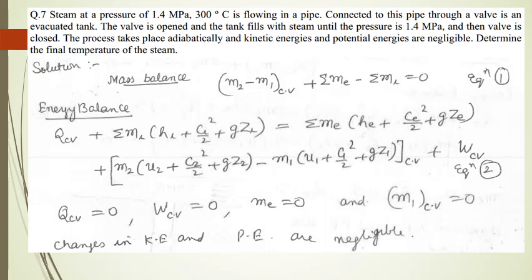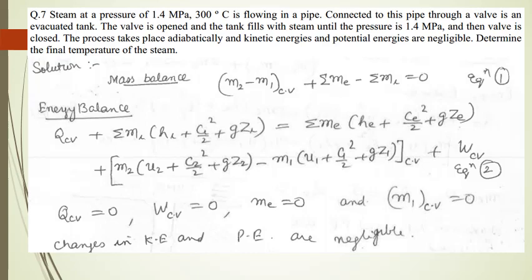So basically this question pertains to uniform state, uniform flow process. As I told you in the lecture that filling of certain vessel or discharging of substance from basically any tank or container, that comes in the category of uniform state or uniform flow process.